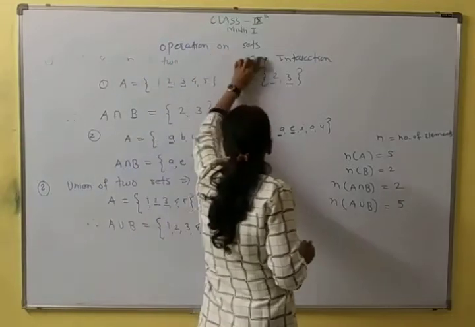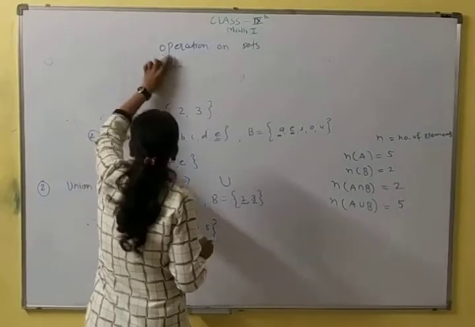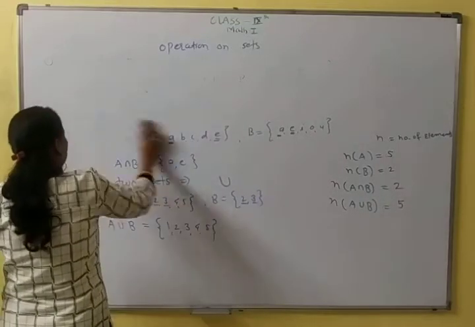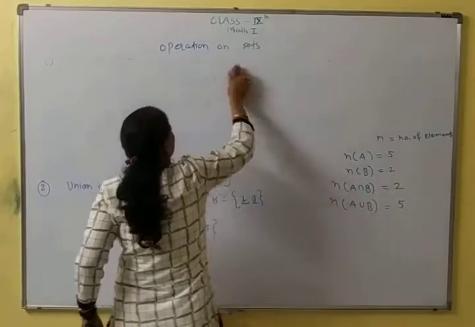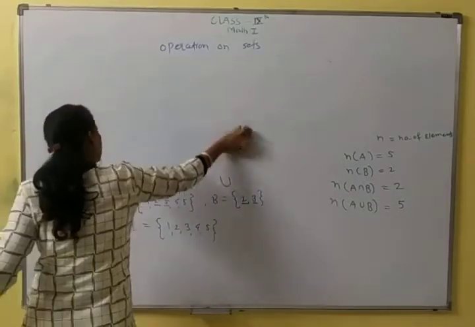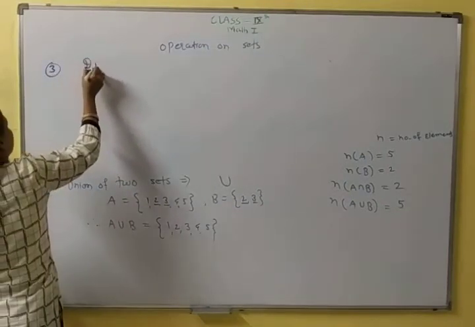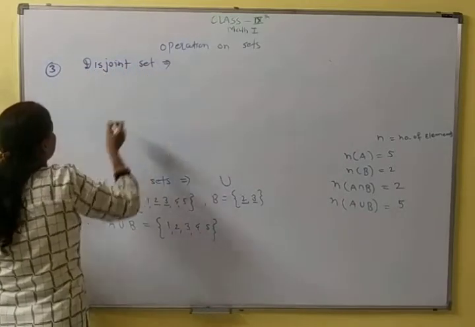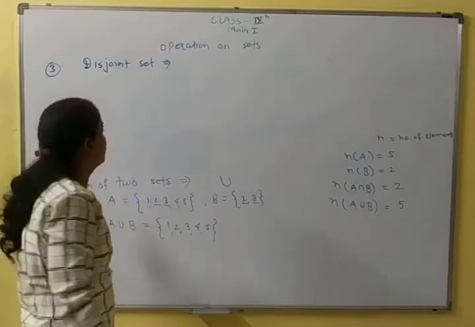Disjoint sets: two sets are said to be disjoint sets if they have no common element.